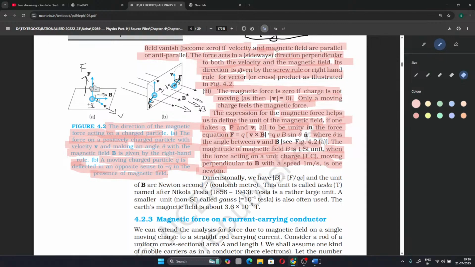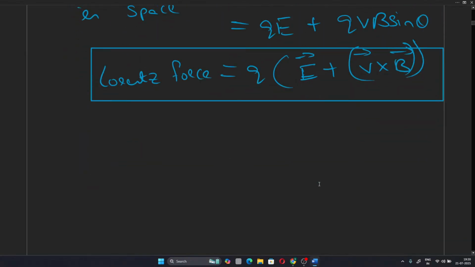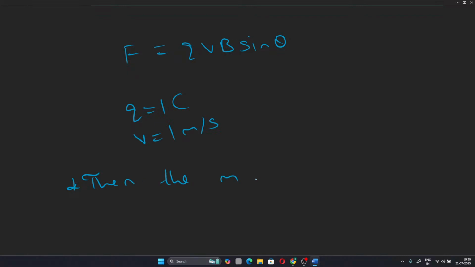Okay, this is what we are saying: force equals QvB sine theta. If we take Q equals 1 coulomb, v equals 1 meter per second, then we can define the unit of magnetic field.